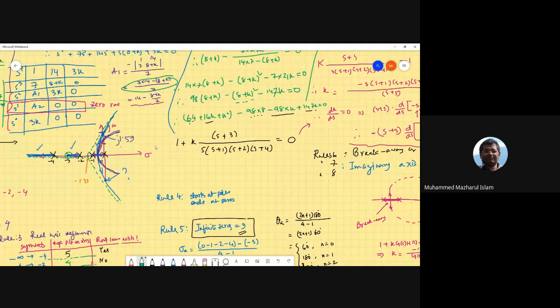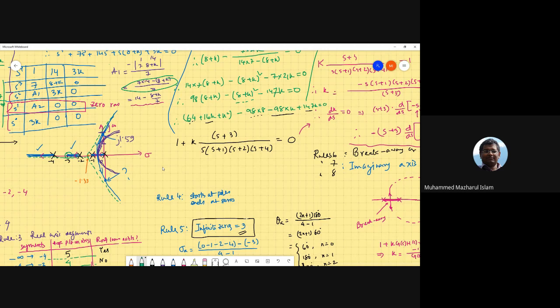Up to rule 7 would be sufficient. Again, for other systems, maybe you won't have to calculate the crossing points, or you don't have to utilize rule 6, breakaway points. So rules 1 up to 5 could be used for most root locus plots.